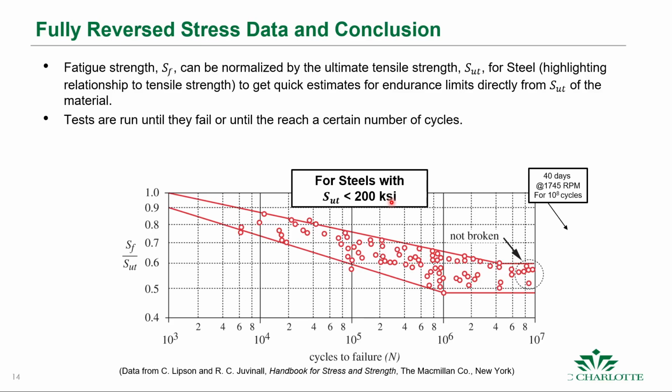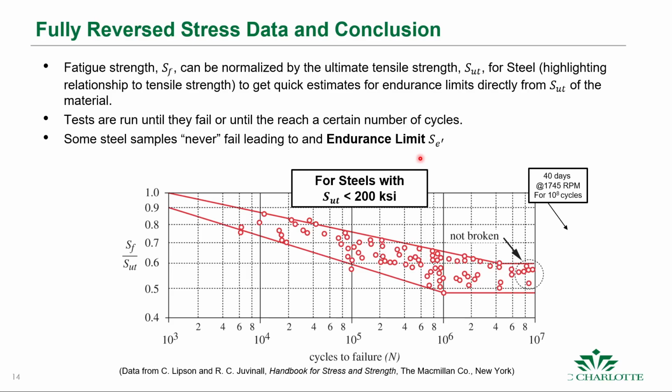Okay, and for these fatigue tests, they're run until they reach a certain number of cycles, or they break. So you can imagine how long it would take. At 1745 RPM, it would take 40 days to do 10 to the 8 cycles, which is somewhere out here, 40 days.